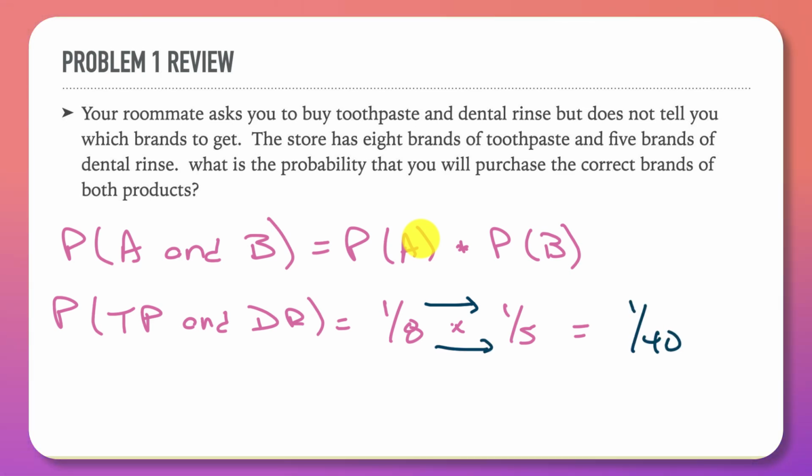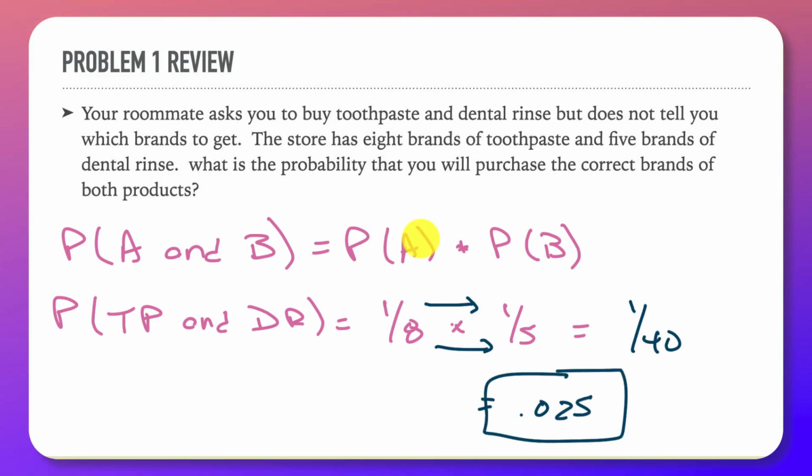So it's 1 over 40. And 1 over 40 accurately gets you 0.025. So you've got about a 3% chance of getting that correct. But this is the multiplication rule. So that's the setup, and that's the mathematics and the computation.